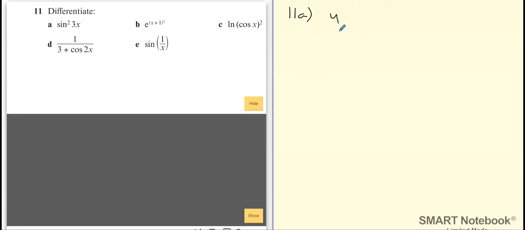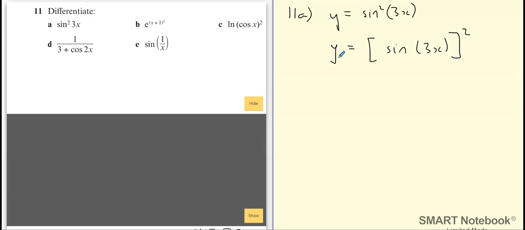I'm going to say y equals sine squared 3x. Now, what is the best way to write this in the first instance? Actually, the best way to write this in the first instance is going to be sine 3x, all squared. Okay, and this is what I meant when I said it all depends on how you write it.